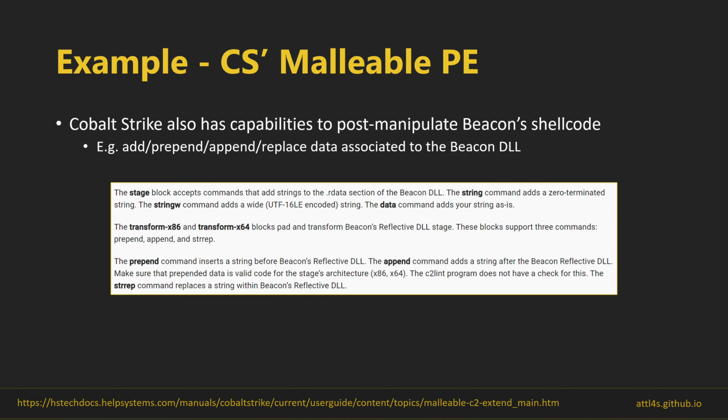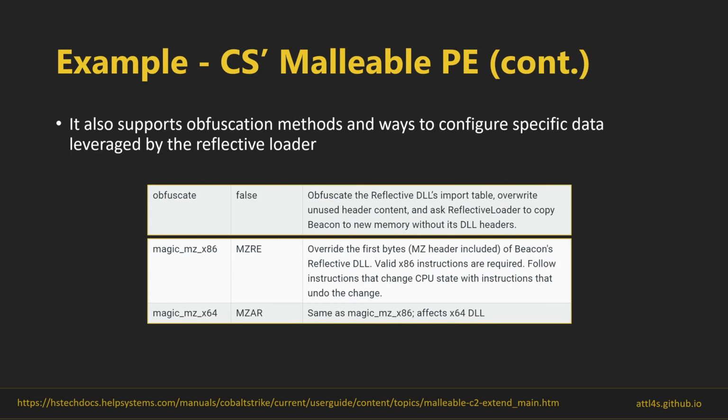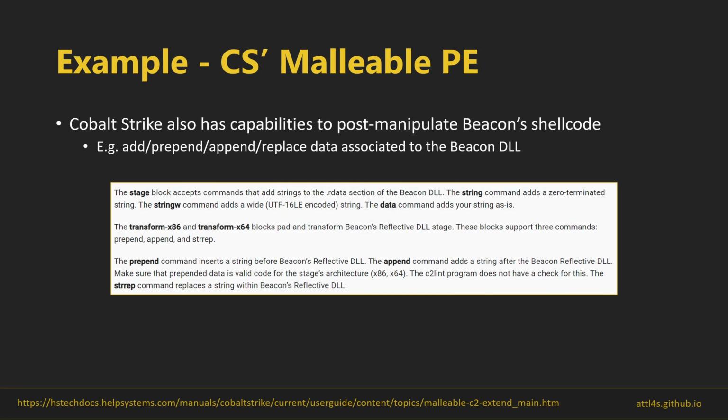Also, Cobalt Strike has the malleable PE, which are different settings to manipulate the beacon shellcode after it has been generated. You can add, prepend, append, or replace data to the beacon DLL, and it's quite nice.